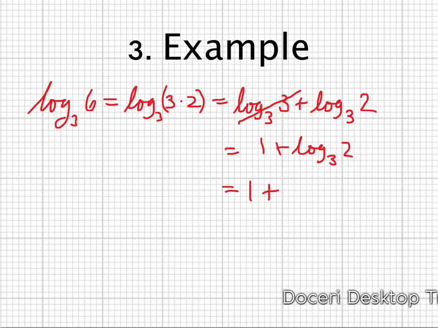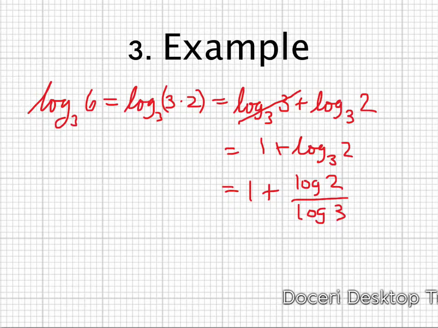It can become any base you want, or you can just make it base 10. And when you write base 10, you don't have to put the 10. So you just say log base 10 of 2 divided by log base 10 of 3. And then what you would do from here is put log of 2 and log of 3 in your calculator.